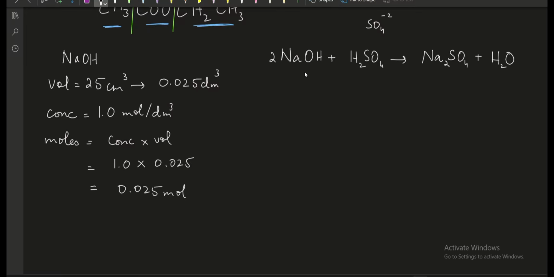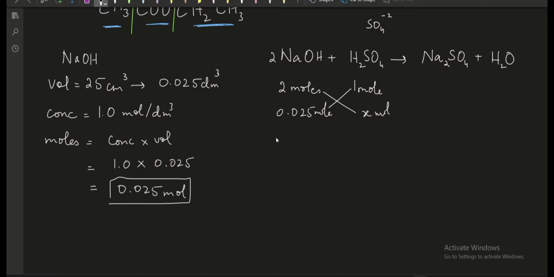Now from the equation you can say that 2 moles of sodium hydroxide react with, or get neutralized by, 1 mole of sulfuric acid. If you have 0.025 moles of sodium hydroxide, then how much sulfuric acid is needed?